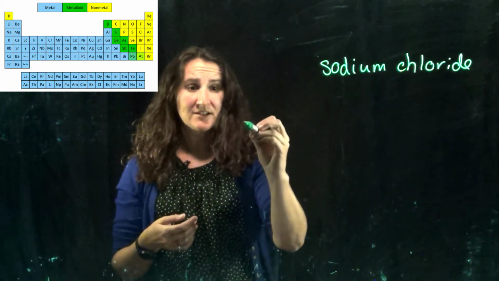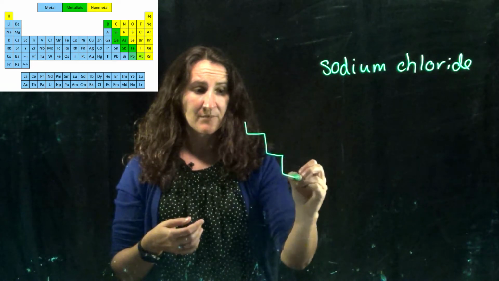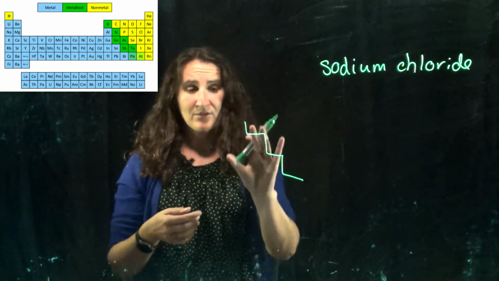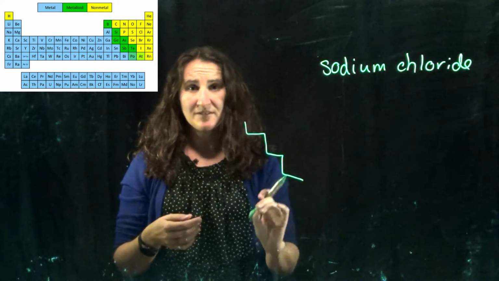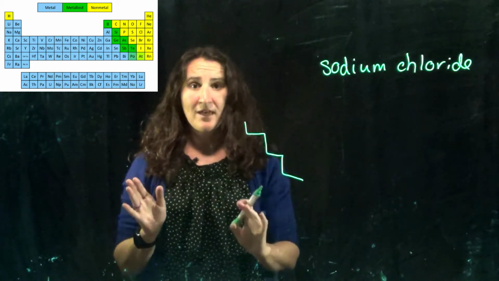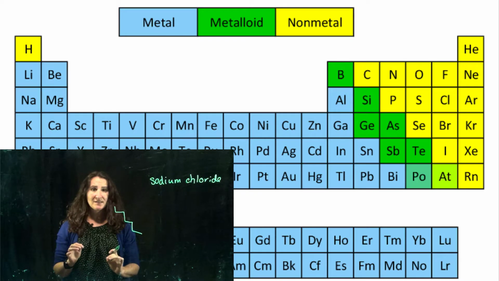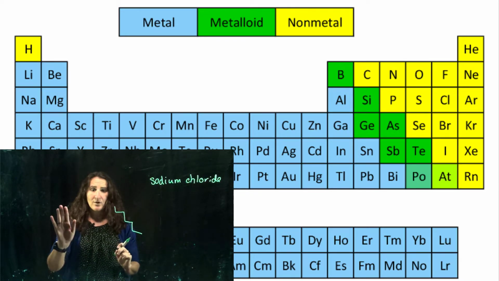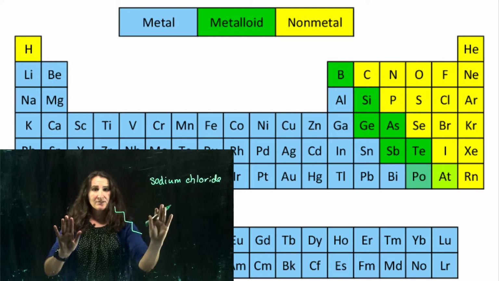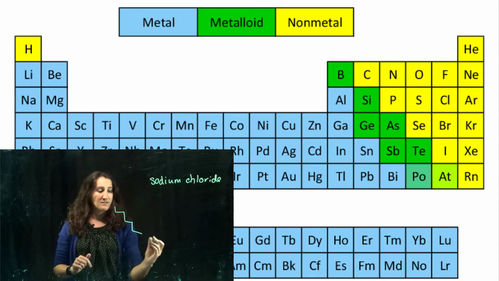So look for that stair step on your periodic table. What the stair step is doing is separating your metals from your nonmetals. If you have two atoms bound together, and one of them is on one side of the stair step and the other is on the other side, then they are going to form an ionic bond.